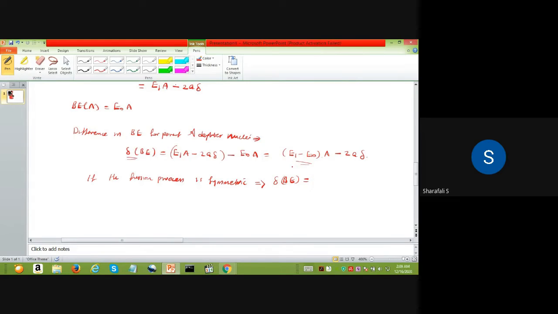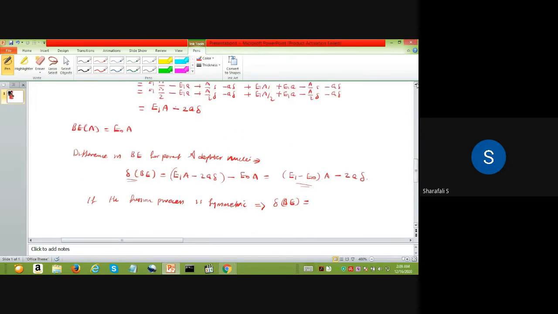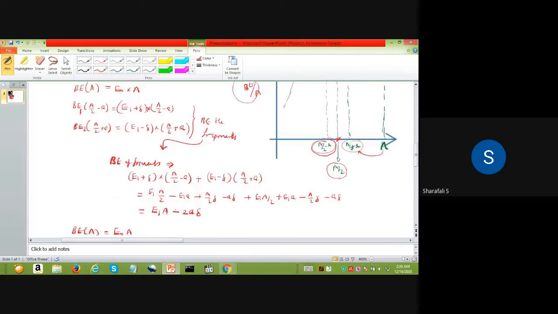Symmetric means your delta, look at this figure. If it is symmetric, then this delta should be 0. If it is symmetric, both the daughter nuclei will have A by 2 as their mass number, almost half of that parent nuclei. So if it has to be symmetric, then this delta should be equal to 0.